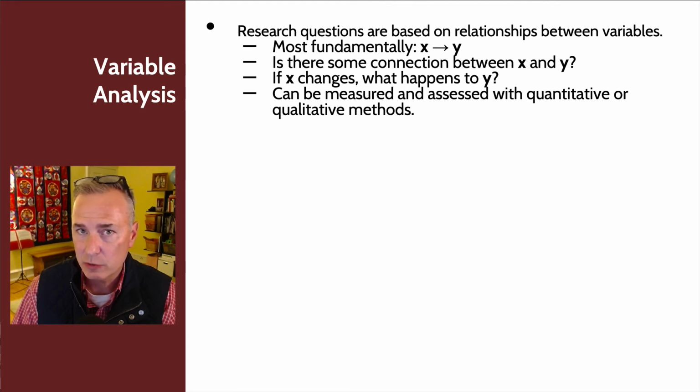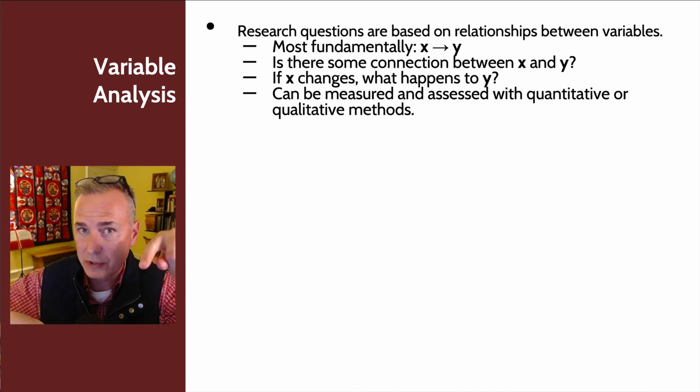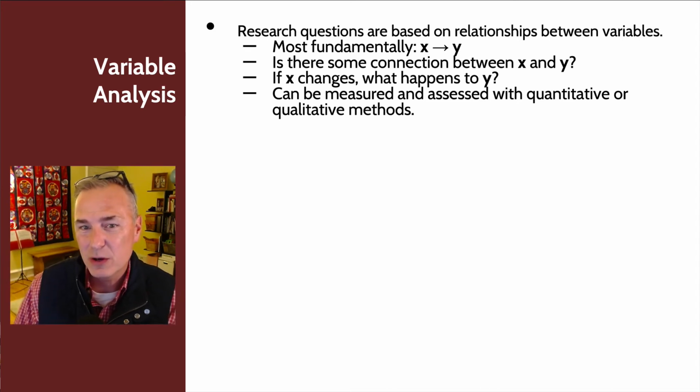Where X we usually term as the independent variable, the one that's doing the changing and having some effect on the dependent variable Y. And is there some connection there? If X goes up, does Y go up? If X goes down, does Y go up? And so there's an inverse relationship or a direct relationship, or one goes down and the other goes down.